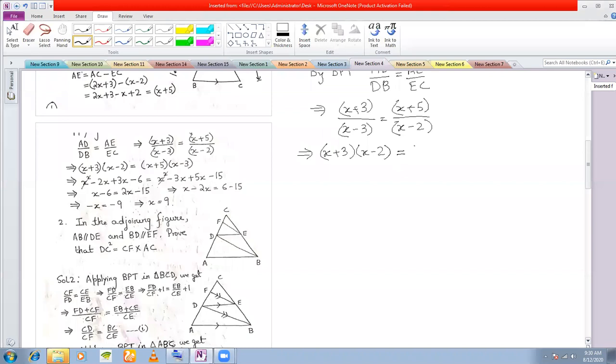Cross multiply: X minus 3 into X plus 5.